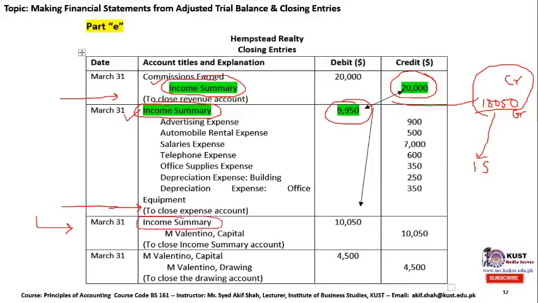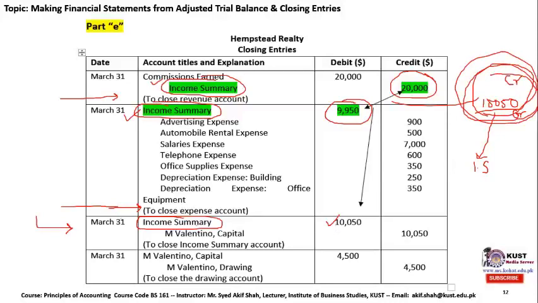This is why the income summary has a debit entry of $10,050, because after subtracting the first income summary from the second income summary title, the remaining excess amount was on the credit side. Therefore, in order to make it zero, we have to give a debit entry.